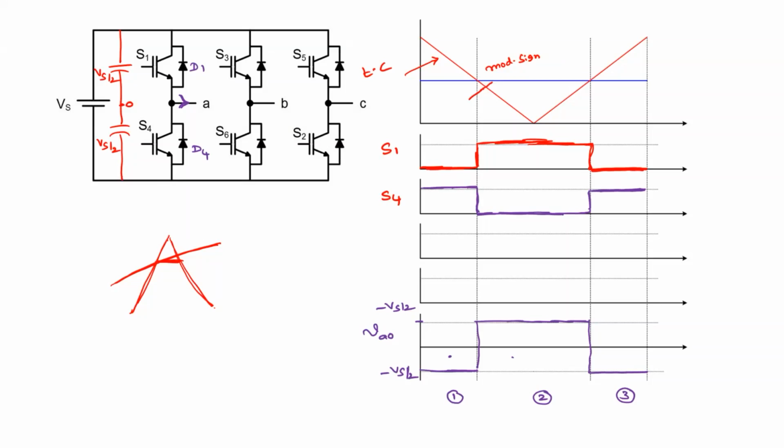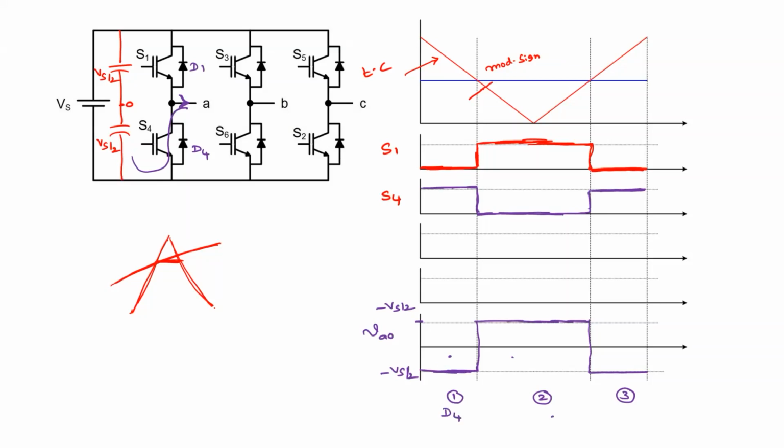D4, sir. Here the voltage is negative but the current is positive, so the current will flow like this. So which device is in conduction? D4, right? Agree?